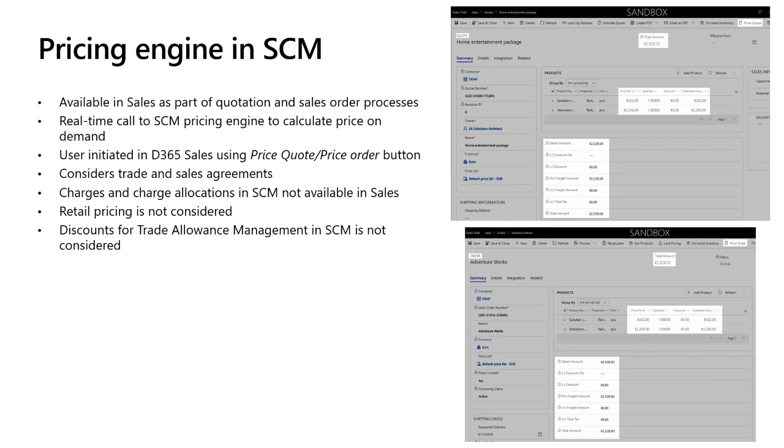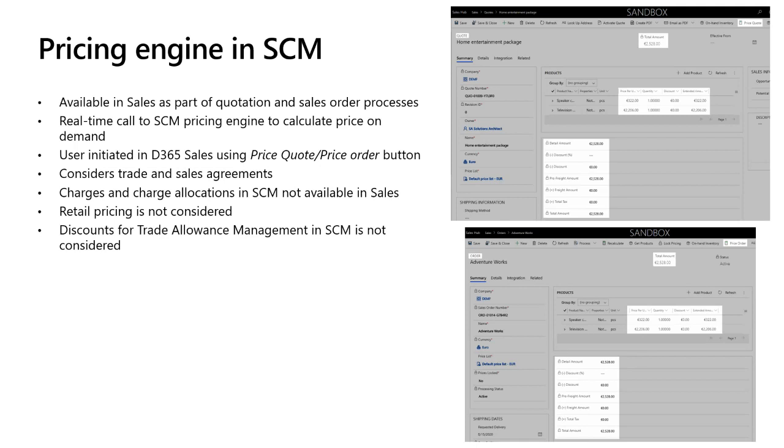So this is a user-initiated process using the price quote and price order buttons, and you can see these in these screenshots here. When that is initiated, it makes a service call to finance and operations to get the real-time, or the accurate, pricing that leverages the trade and sales agreements.